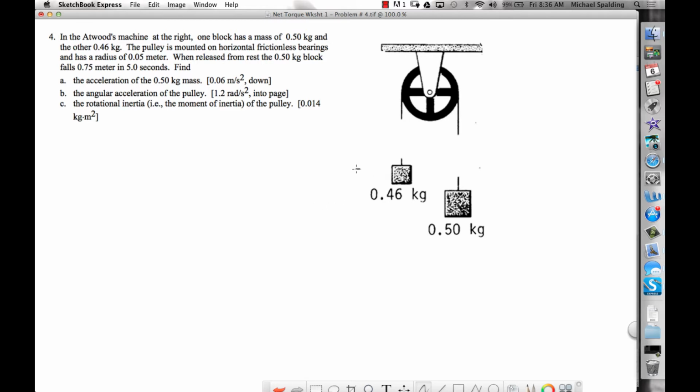So this guy is M1, this guy's M2. So the forces on M1, we'll call this T1. And then down we have M1G. Okay, for M2, we have T2 up and then M2G down. I'll scoot these guys down, make a little more room.